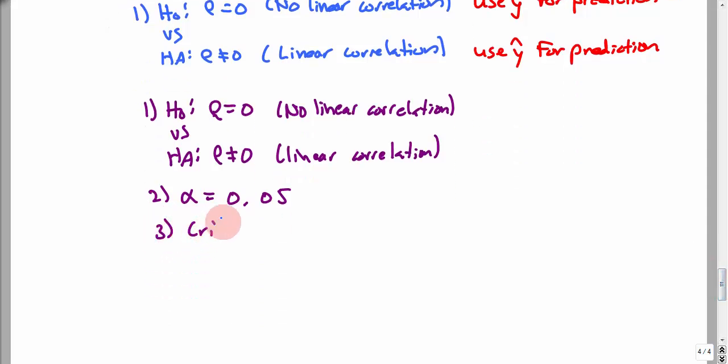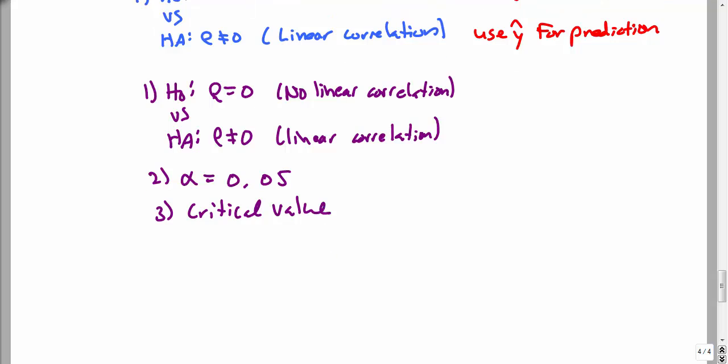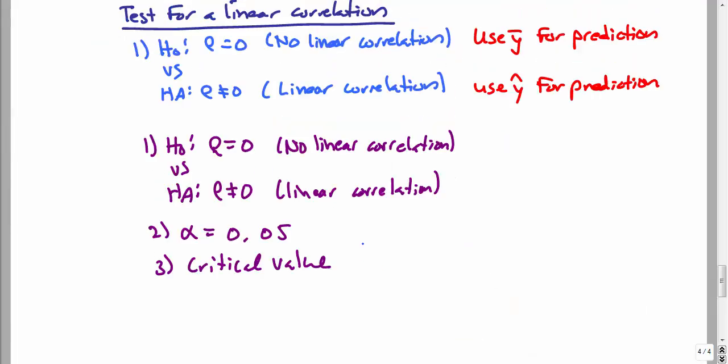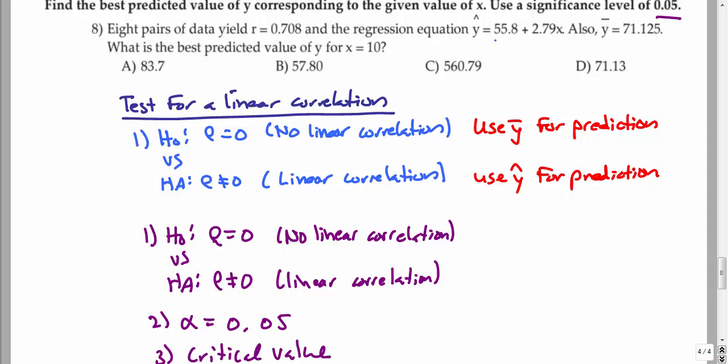Okay, so for our critical value, we're going to use our tables, our Pearson correlation coefficient R table. Now 0.05 was my significance level. What I need to figure out is what n was, the sample size. So let's look back at our problem. And it looks to me like n was given as 8.